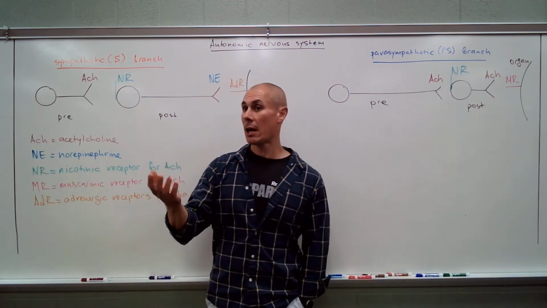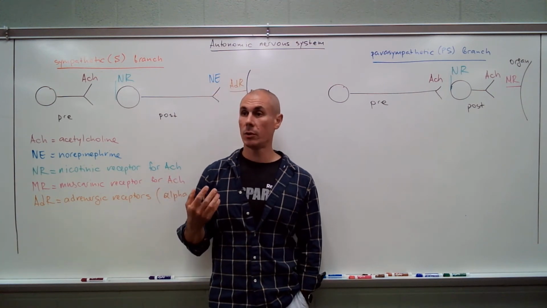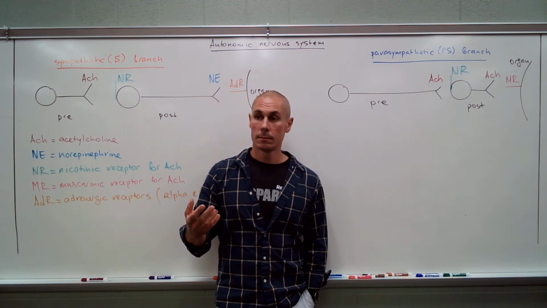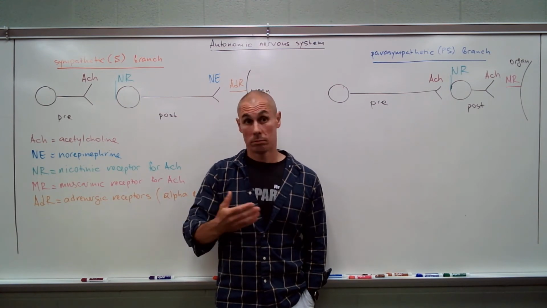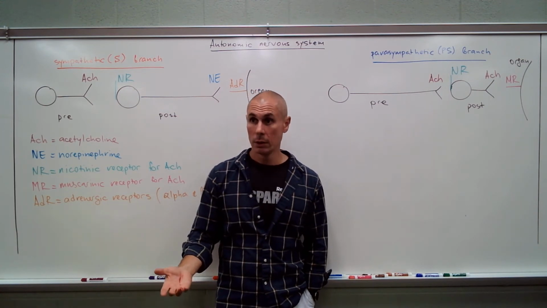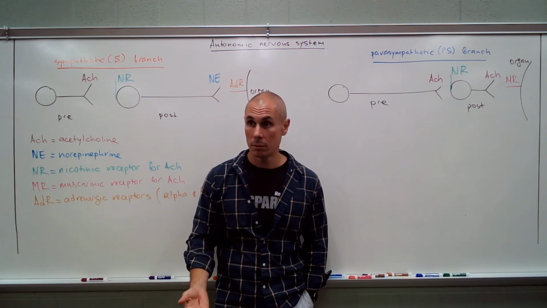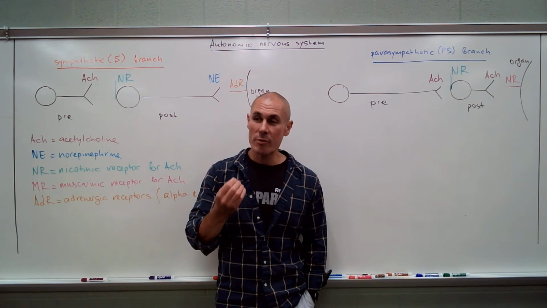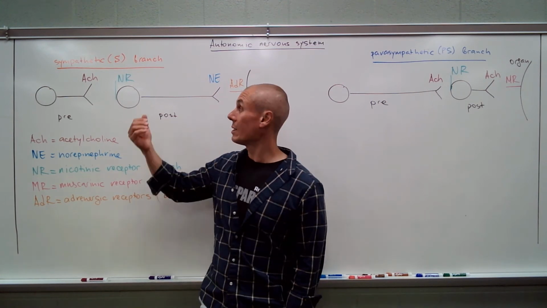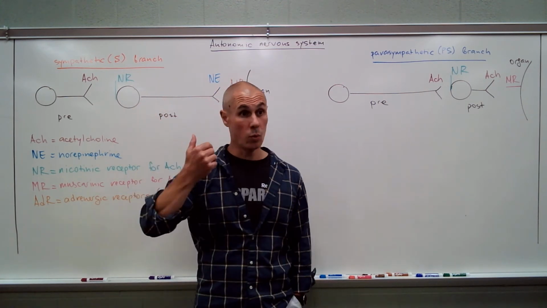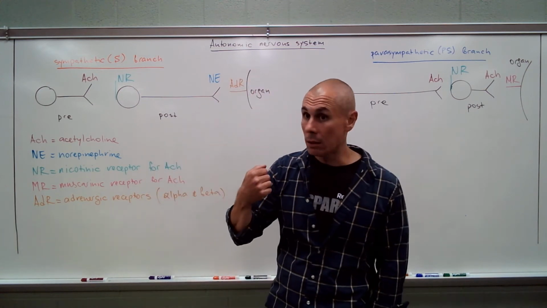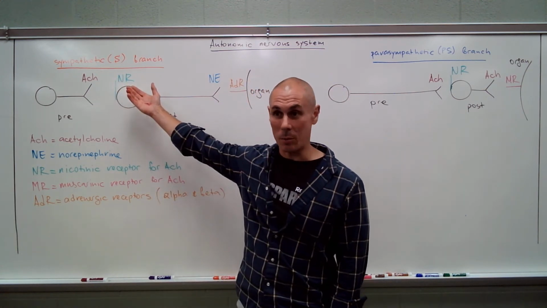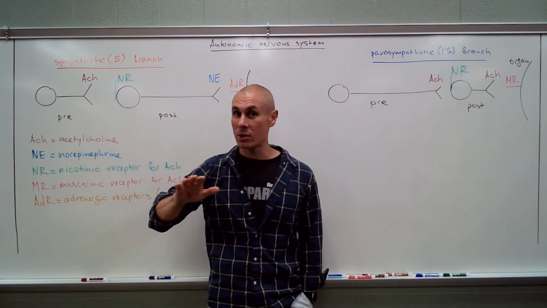And that's actually a clinical example. Let's say somebody who didn't smoke, smoked several cigarettes in a row, the responses will be very similar to sympathetic activation. Why? Nicotine, as you can guess from the name, successfully binds the nicotinic receptor. It's a nicotinic receptor agonist. Are you following me?